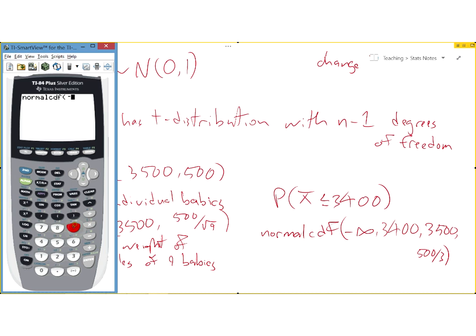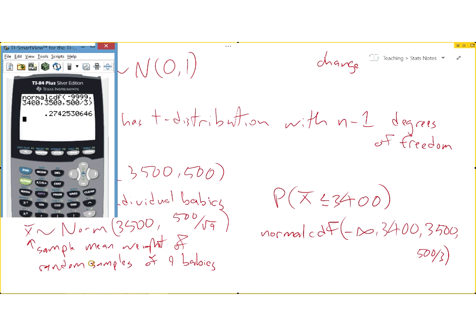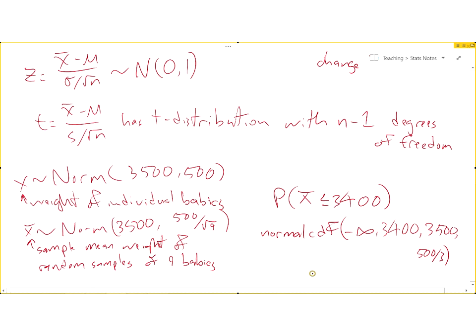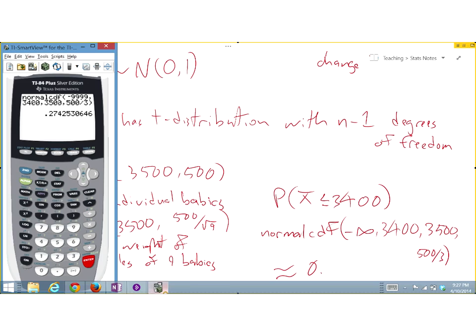So I'm going to put in a large negative real number, comma, 3,400, comma, 3,500, comma, 500 over 3, and I get an answer of approximately 0.27, or 27%.